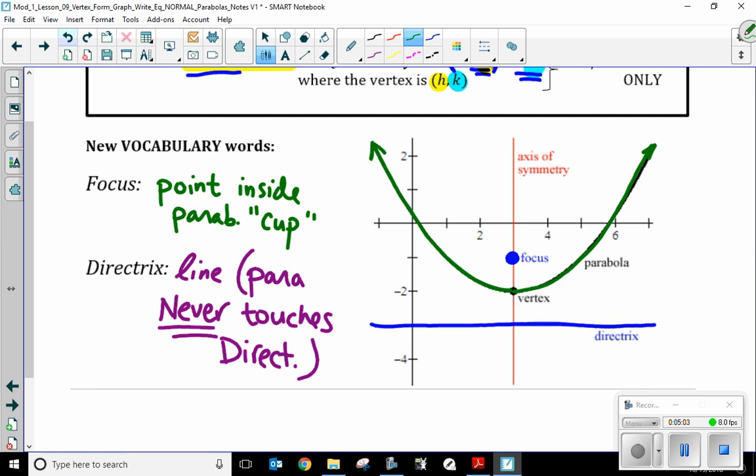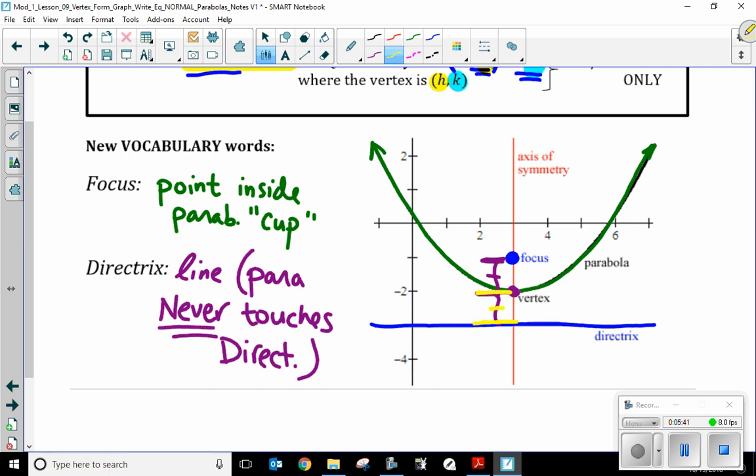All right, so there's 2 points that I want to mention. And you take notes wherever you feel you need to. The first point, which is pretty critical, is that my vertex is always, notice I said always, there is never an exception, halfway between the focus and the directrix. The distance from my focus to my vertex is the same as the distance from my vertex to my directrix.